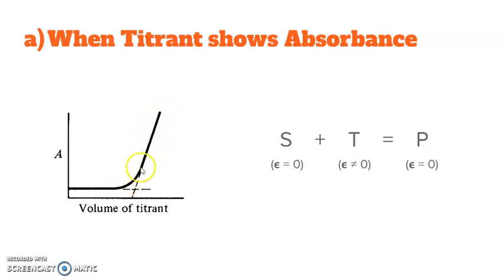This climbing of the curve is because of the increase in the absorbance along with the increase in the volume. That is because the titrant itself shows absorbance, whereas the substrate and the product do not show any absorbance. In this curve, I can show you where there is no absorption because of the substrate and the product.